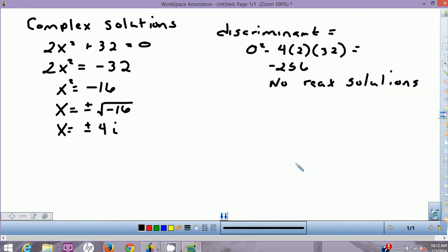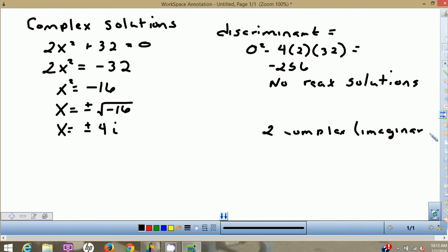But we have now seen that when we say there's no real solutions, we know something else about our quadratic. We know that it has two complex or imaginary solutions. These two numbers, 4i and negative 4i, are complex or imaginary numbers, and they are still solutions to our quadratic, even though they are imaginary.